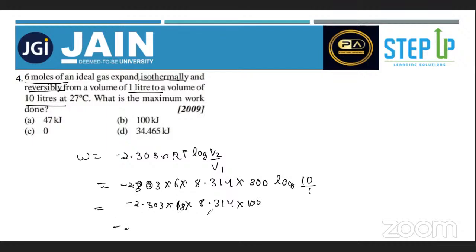8.314 this thing. So something around, because it will give me answer in joule. I need to find out answer in kilojoule. So it will come as 34. So this is what will be the answer.